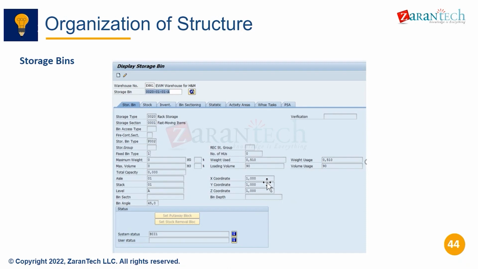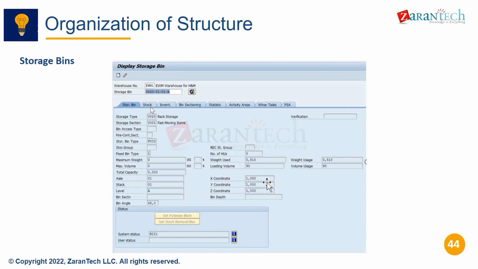Otherwise, as soon as a delivery gets created in the EWM system, the system will automatically create the put away task in the background, and it will determine that the stock has to be put into this particular bin if it is not set as blocked. So to do any physical activity, or if you want to restrict any activity in this particular bin, you can set these indicators. If you set this indicator, that bin will be blocked for that particular activity.